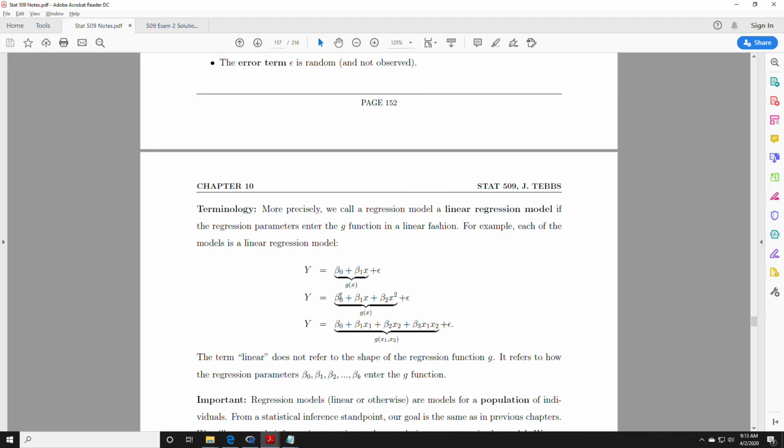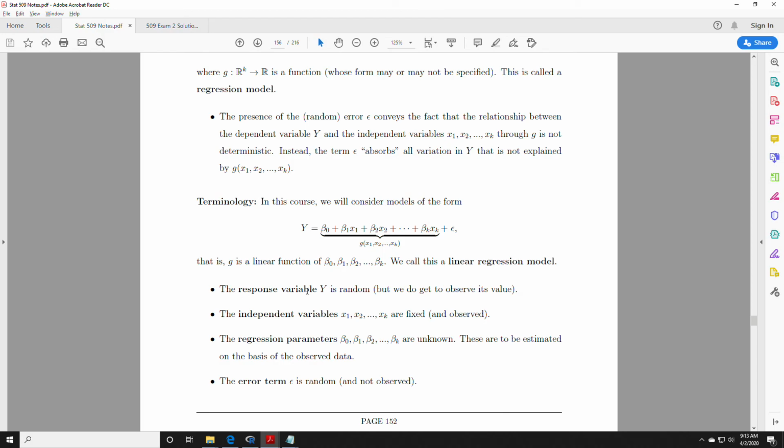So notice that with the betas we just have pluses. They can be multiplied by any amount of x's, but the betas themselves, there's never betas multiplied together. The betas are never squared or logged or anything like that, although the x's can be. The betas themselves, it's always beta plus beta plus beta. We can tack on these constants, but the betas themselves are linear. Okay, that's technically what linear means.